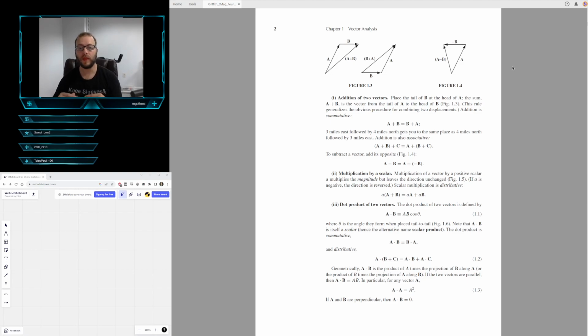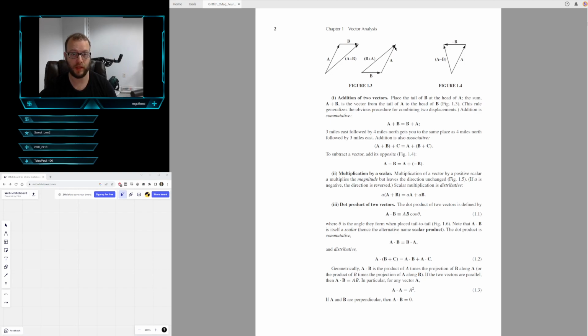So addition of vectors is simply placing the tail of one vector onto the tip of the first vector. You can see here, we start out with a vector A and a vector B, and the quantity A plus B is the resulting vector of going from tail to tip, and B plus A is the same thing.